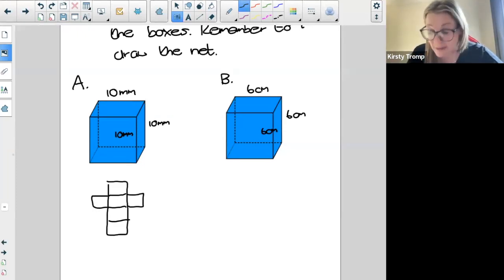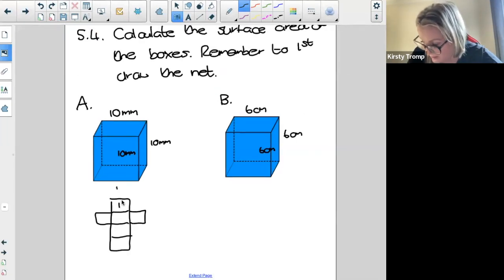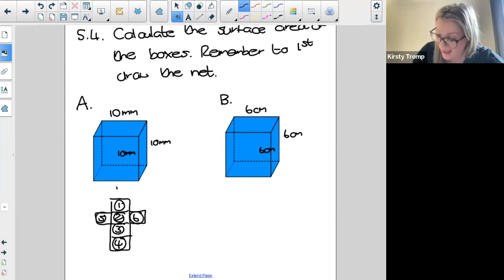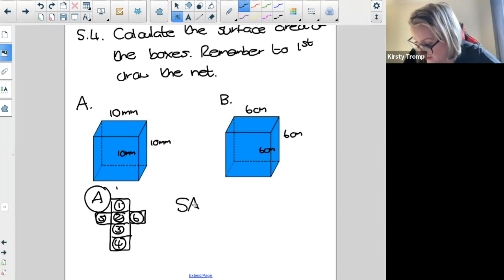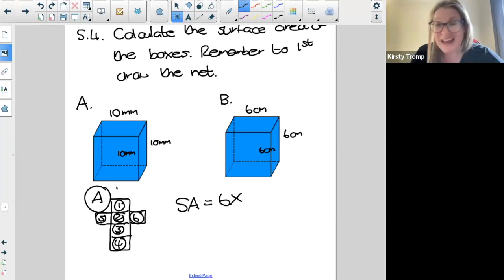What do I notice about the net? I have 1, 2, 3, 4, 5, 6 cubes. Not cubes, sorry. I have 6 squares. So the surface area is going to be equal to 6 times the area of a square, and all those squares are exactly the same.